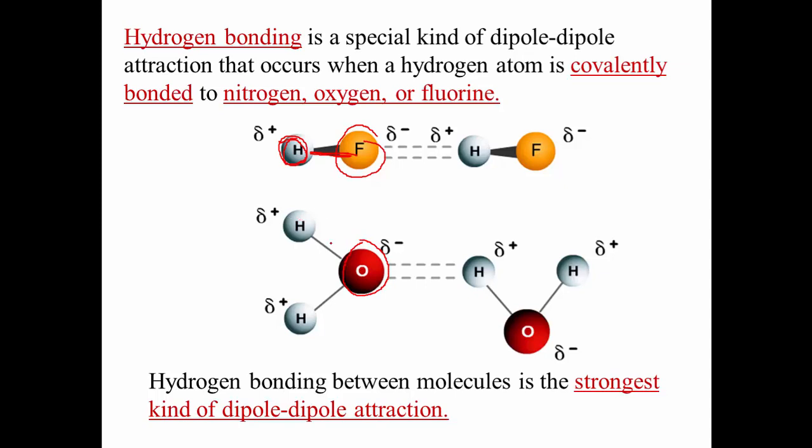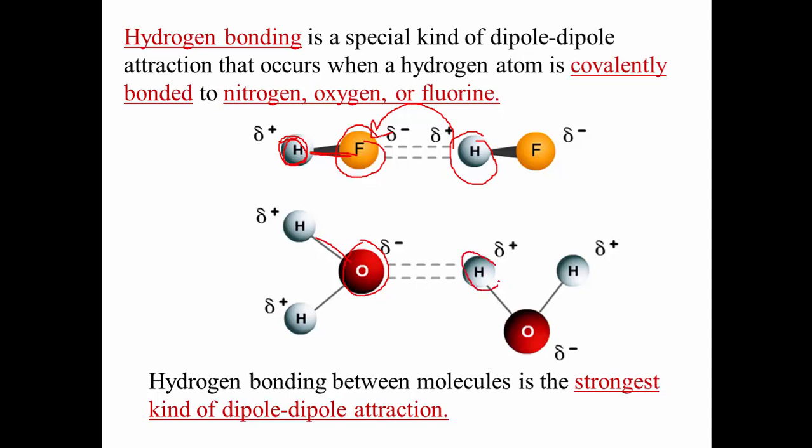So in order to hydrogen bond, the covalent bond has to have hydrogen covalently bonded to one of these three highly electronegative elements. Then, just like dipole-dipole, the positive end, the hydrogen, is going to be attracted to the negative end, which would be the nitrogen, oxygen, or fluorine on the other molecule.